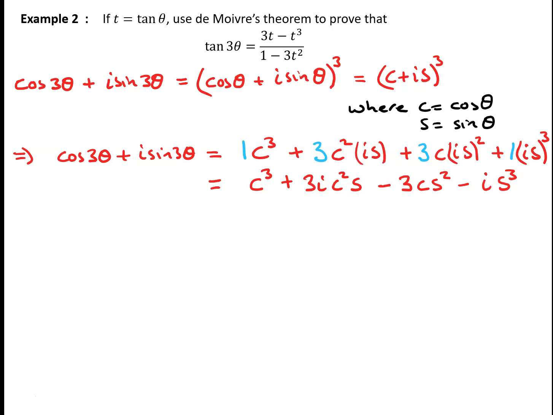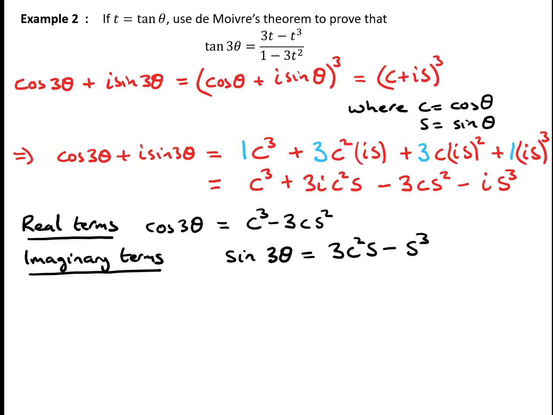Collecting together the real terms and the imaginary terms, we can see then that the real terms tell me that cos 3 theta is the real term on the left hand side. The real term on the right hand side is c cubed minus 3c s squared. And looking at the imaginary terms, on the left hand side the imaginary term is the sine 3 theta, and on the right hand side the imaginary term is 3c squared s, take away s cubed.